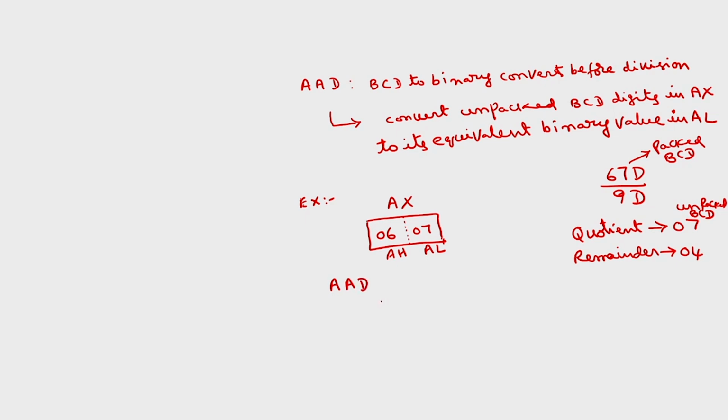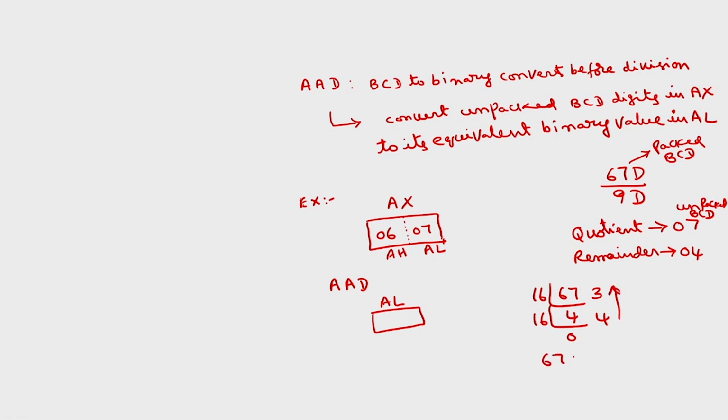Then what happens in AL? We will get the binary equivalent of this. What is the binary equivalent? The 67 decimal, if I convert into hexadecimal, if you divide 67 by 16, 16 fours are 64, 3 is the remainder, 16 zeros are 4, so 43H.